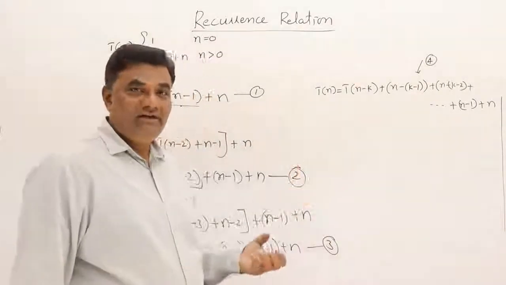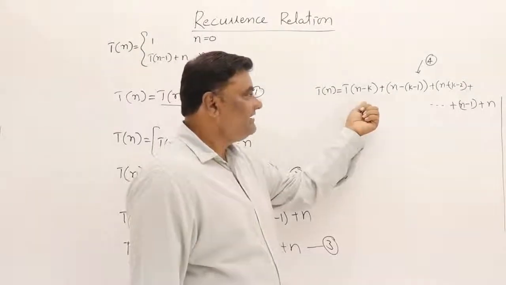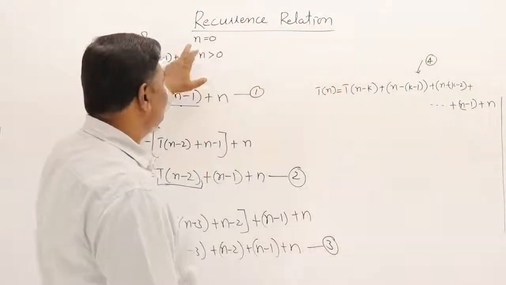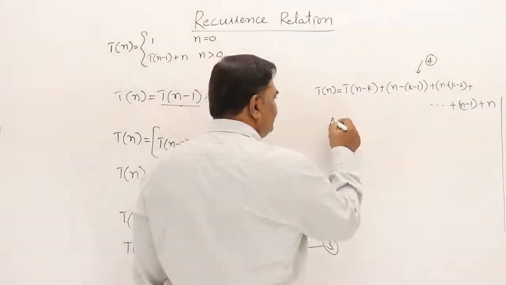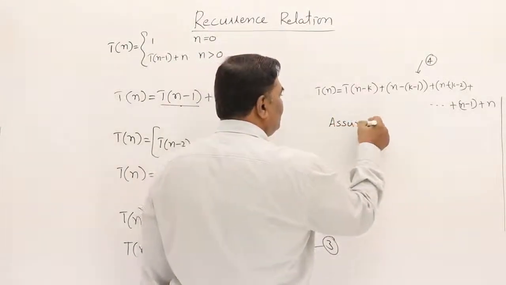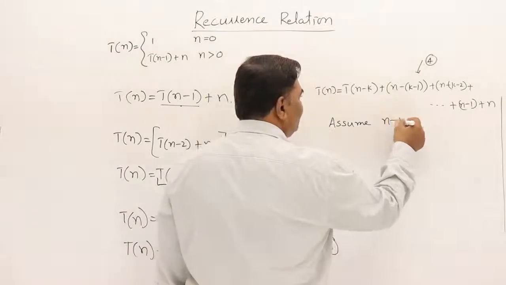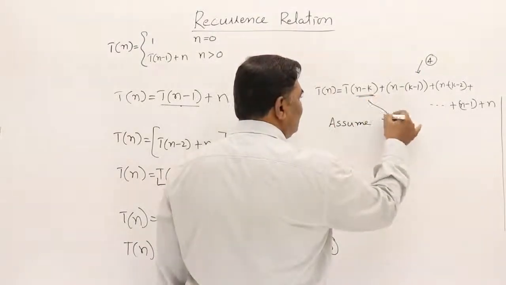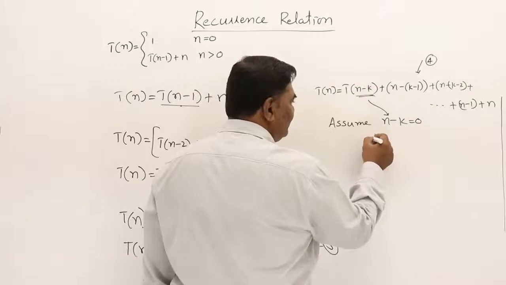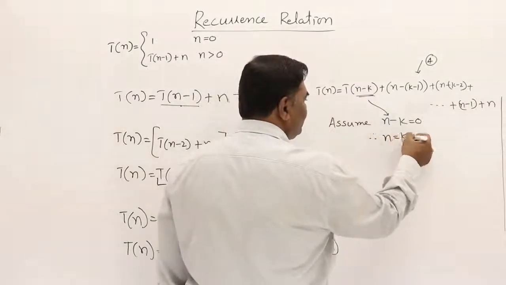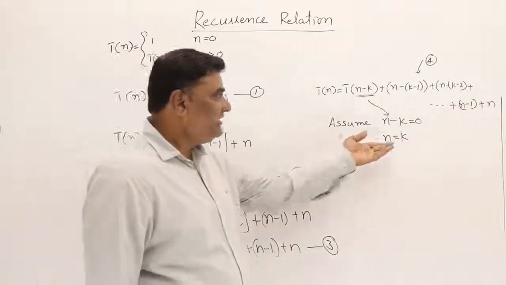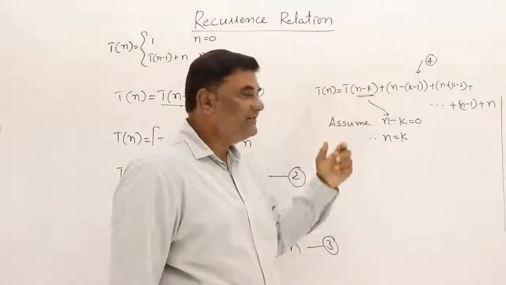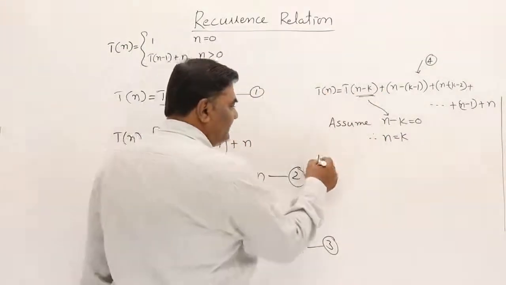Now I assume that I have reached till n minus k. So I assume that I have reached till 0. Assume n minus k, this one, has become 0. Therefore n is equal to k. Now in place of k, if I substitute n in this one, let us see what I get.